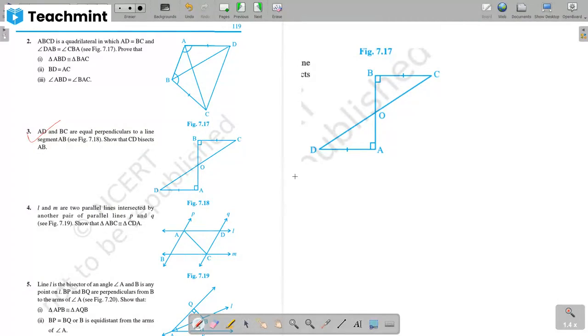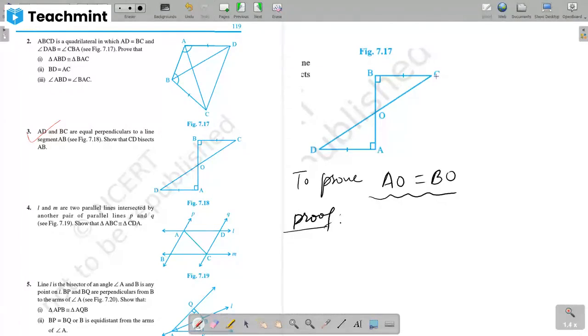So we have to prove that CD bisects AB, which means we have to prove that AO is equal to BO. Now see the proof. Since we are talking about triangles, we will consider two triangles in which these two sides are included.